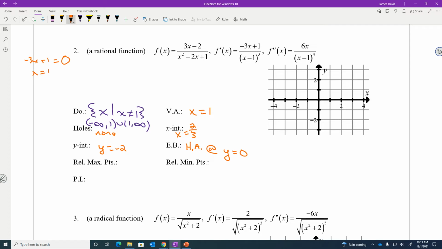So x equals 1/3 would be a critical number. And then on the bottom, set that equal to 0 as well. Cube root, and then add the 1 over, so x equals 1. So these are the number line, 1/3 and 1.